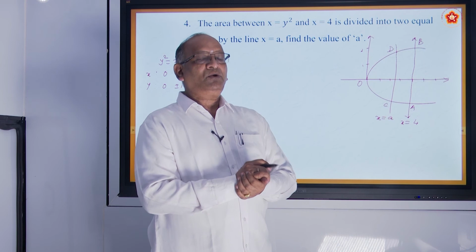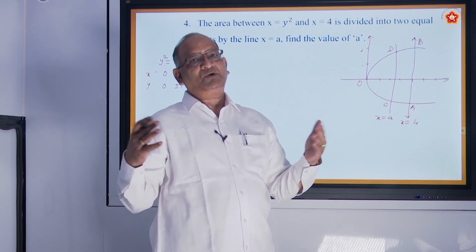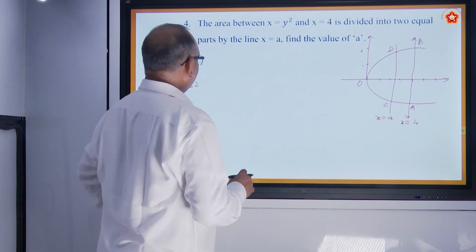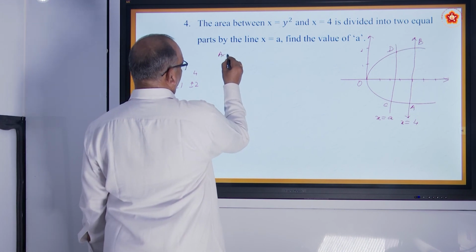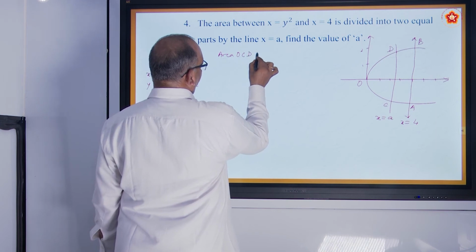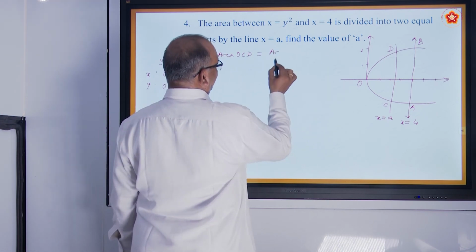So what do we do? We calculate both the areas, equate both the areas. You will get the answer. So we can say that area of OCD is equal to area of CABD.